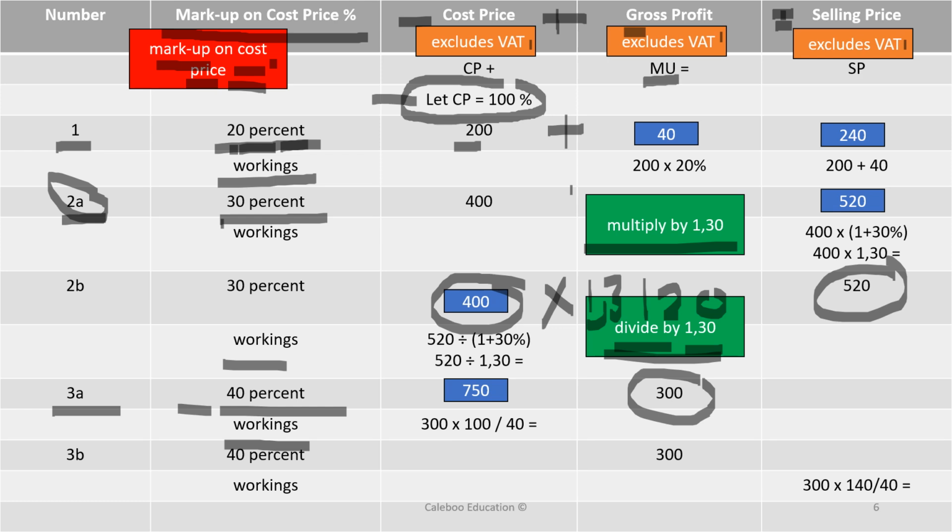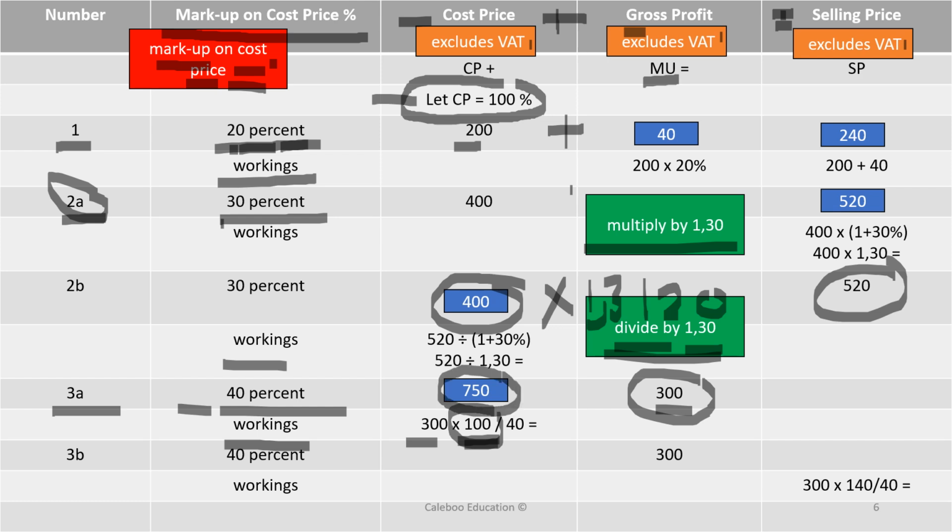I want to get back to the original 100%. So I say 300 multiplied by 100 divided by 40. I want to go back to the 100%. And the figure that represents 100% is 750.